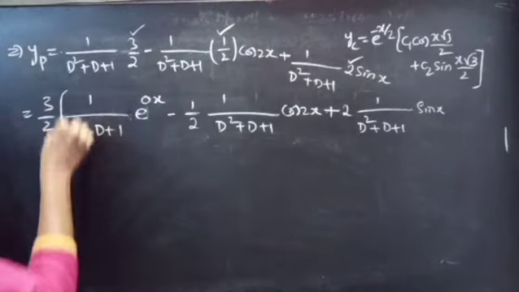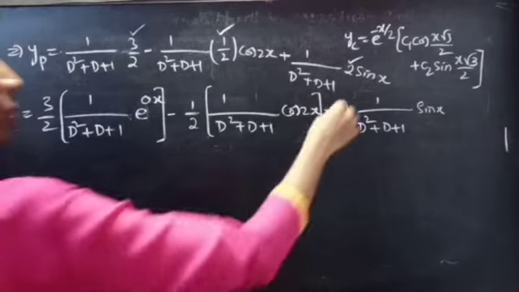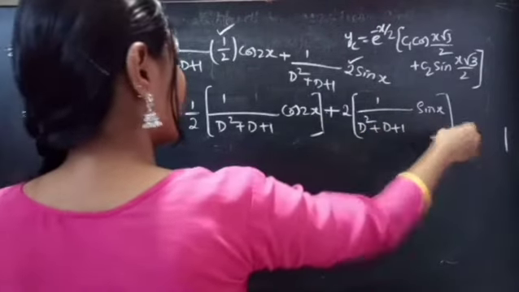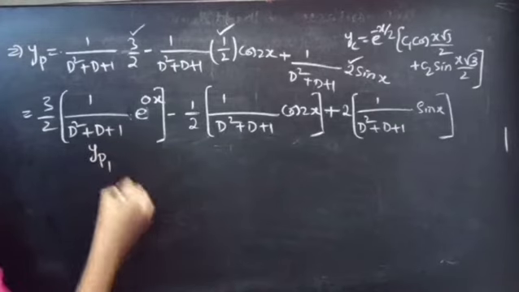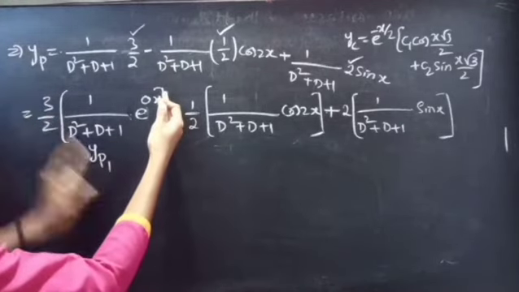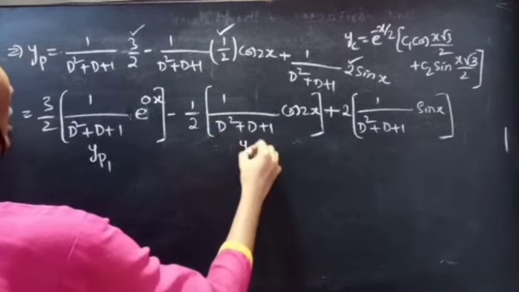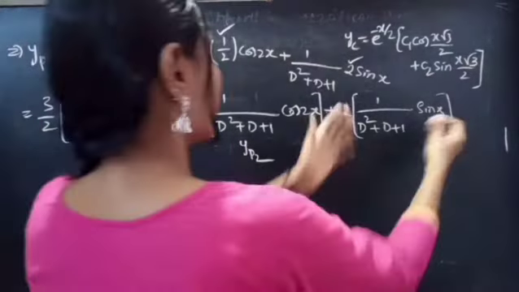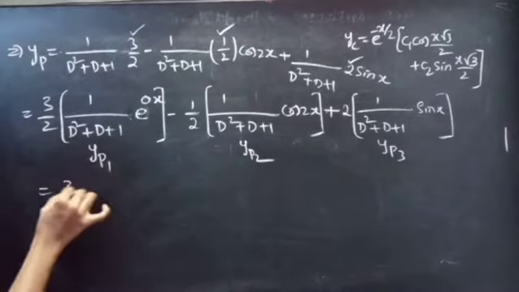Let's name each term under brackets. I'll name this one yp1, and 1 by f of D into cos as yp2, and 1 by f of D into sin as yp3, for my convenience, right?